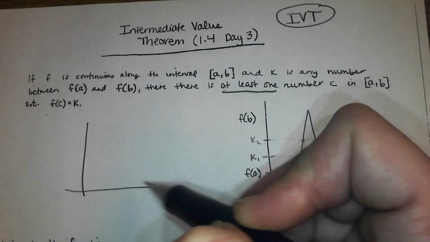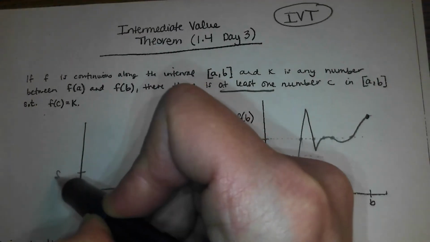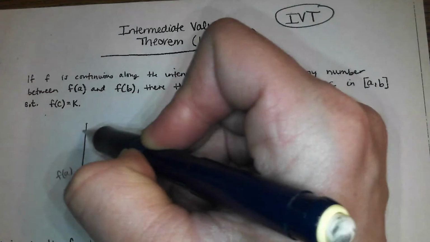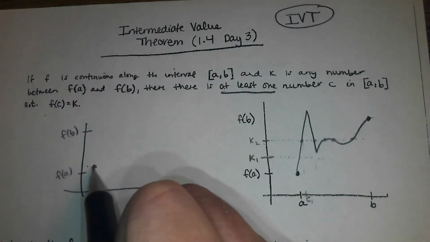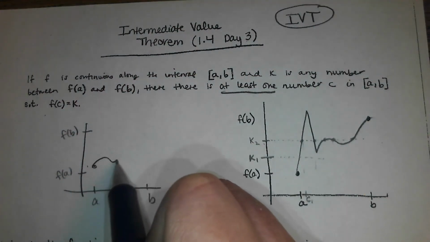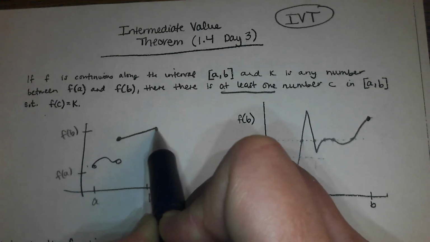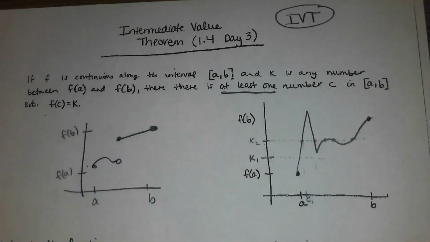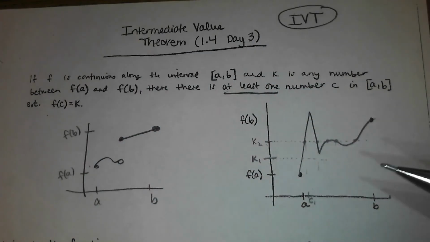Because if you were going from f of a to f of b, and it wasn't continuous, so you did something like this, you can see what the trouble would be, right? There are some k values that got skipped.